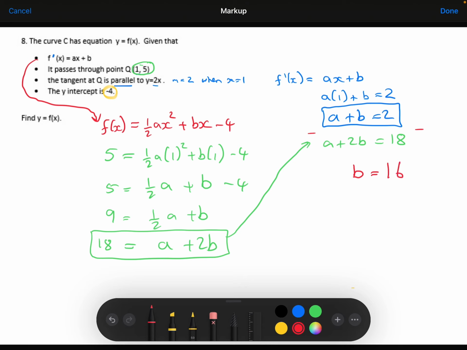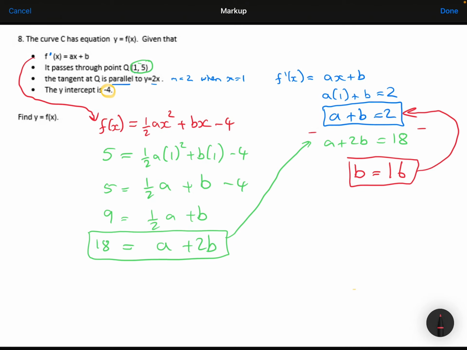So now I know that b is 16. I can substitute that back into here to work out what a is. So a plus b is 2. Subtract the 16 from both sides, so a is minus 14.